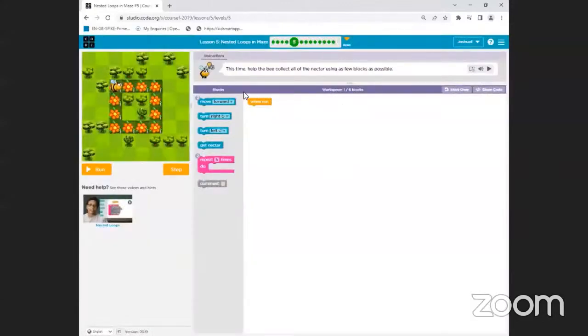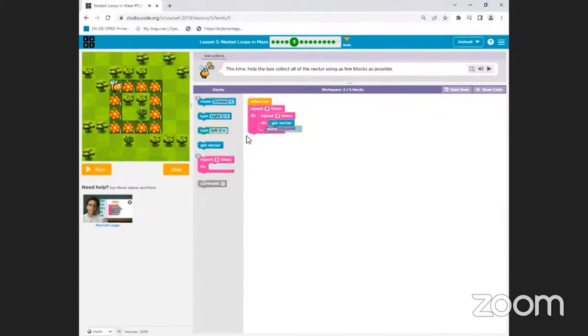This time, help the bee collect all of the nectar using as few blocks as possible. So it's given you a limit of what blocks to use. So this should be repeat 4 times. And I'm going to do, well, there's 4 of it there, so I'm going to put it to get nectar, move forward.